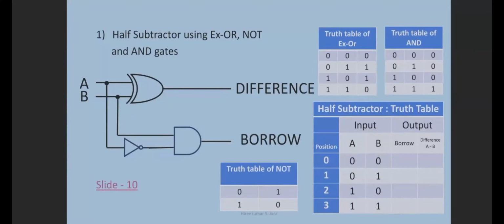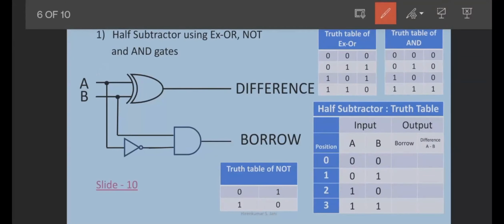Now, let us go for one by one cases. For the first case, say A equal to 0, and B, it is also 0. So, according to property of the XOR gate, the difference is 0. Now, this input A, it will come over here.